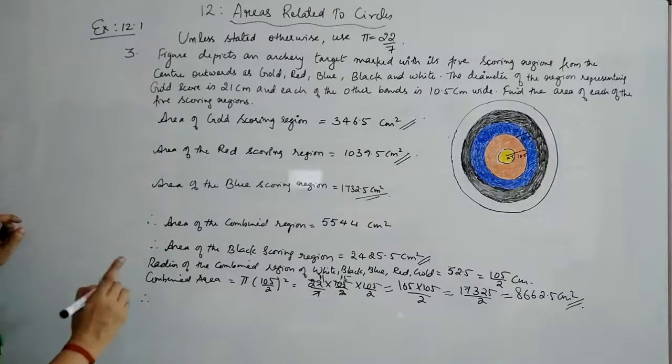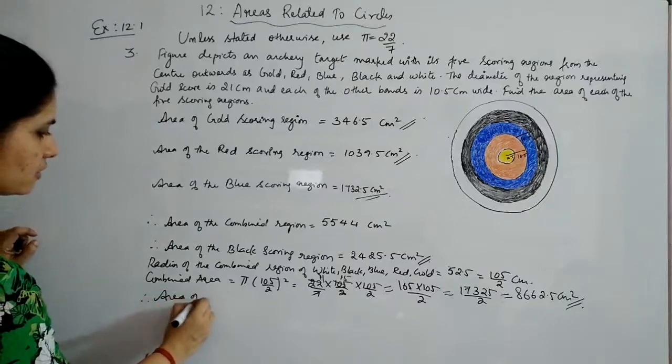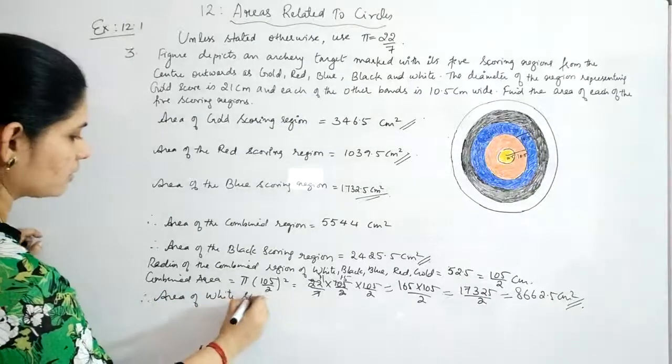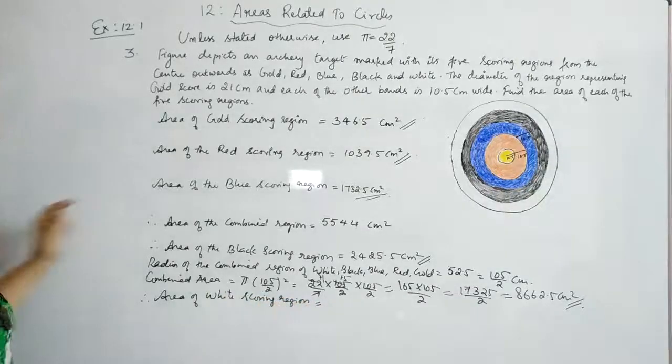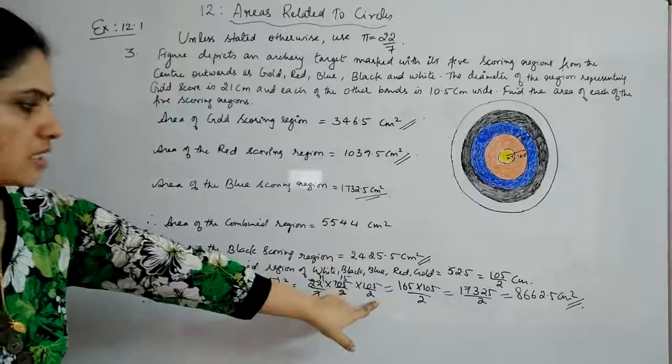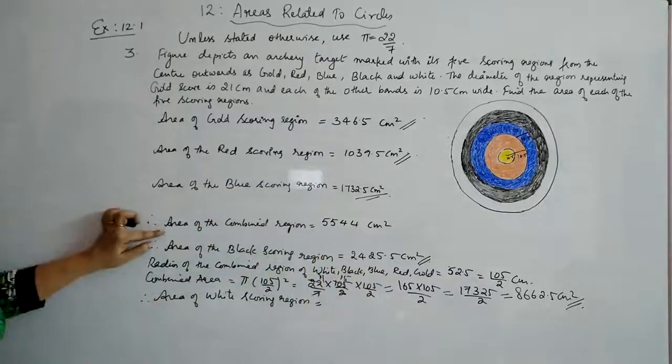You have to find out the area of the white alone. Area of the white scoring region will be equal to this combined area minus the previously found combined region till the black one.